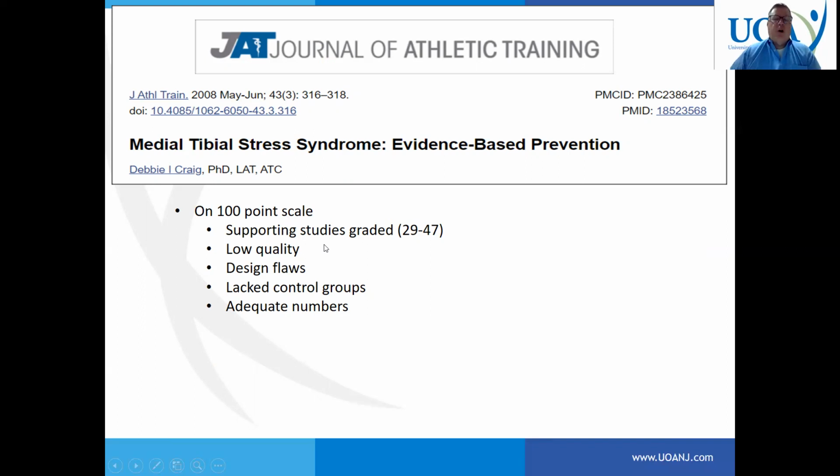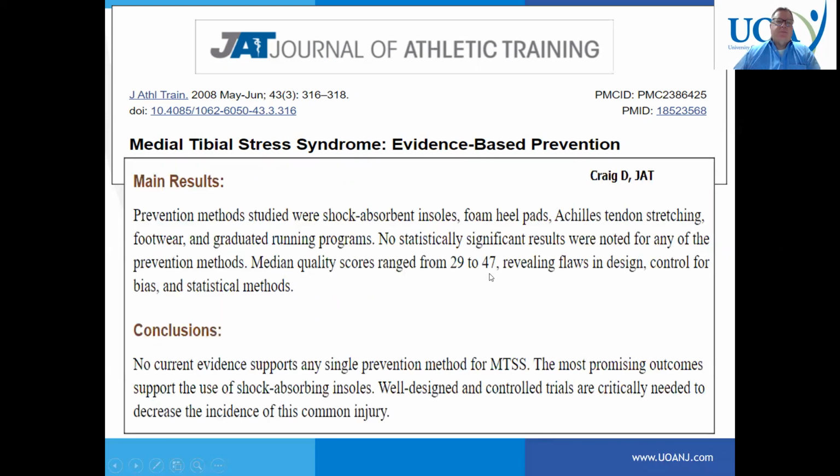They had design flaws, they lacked control groups, and they lacked adequate numbers. So even the recommendations had a low score in terms of value for those recommendations. There were no statistically significant results noted for any of the prevention methods, and they were all pretty much of low numbers.